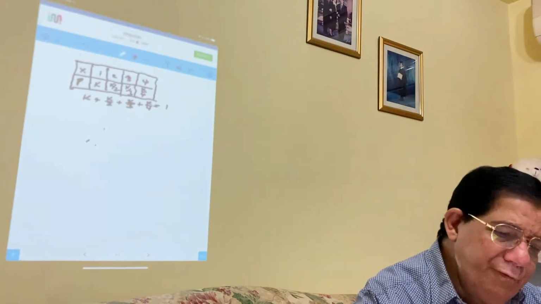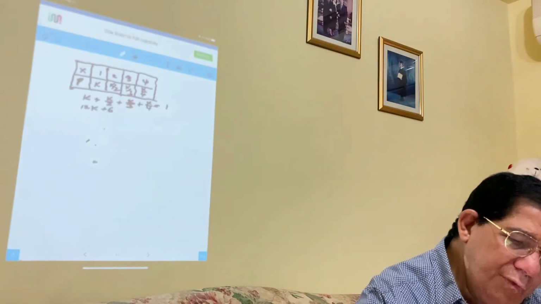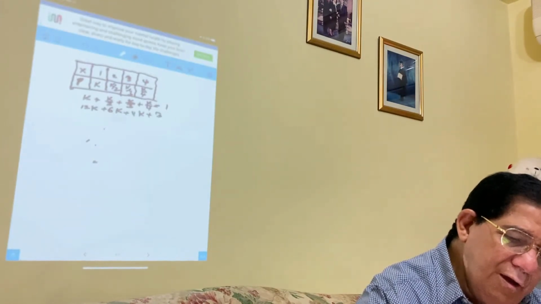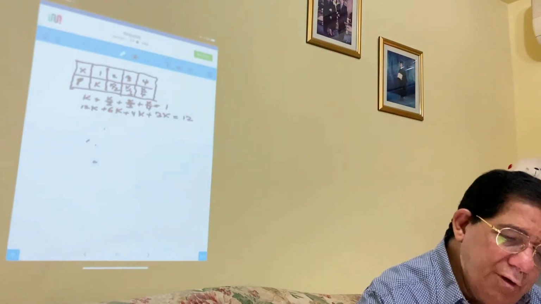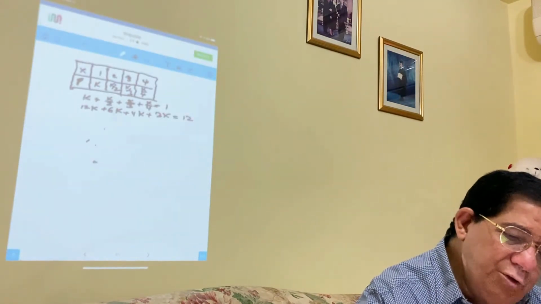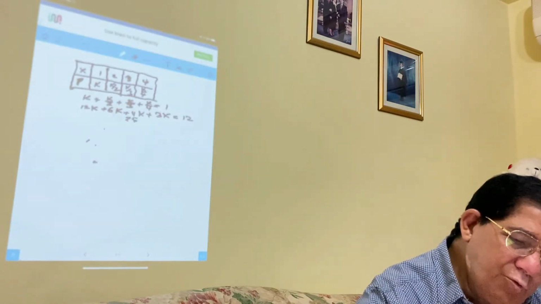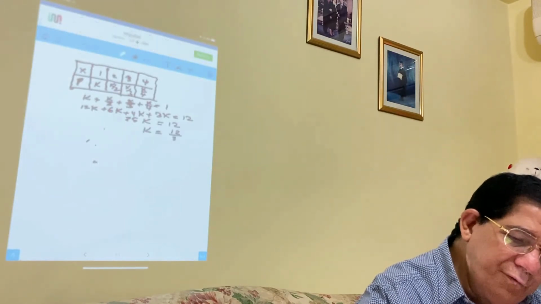Multiply by 12, therefore get 12k plus 6k plus 4k plus 3k equal 12. Right. 18, 22, 25, 25k equal 12. Therefore, the value of k is 12 over 25.